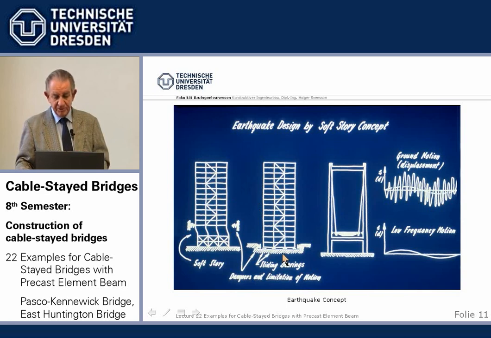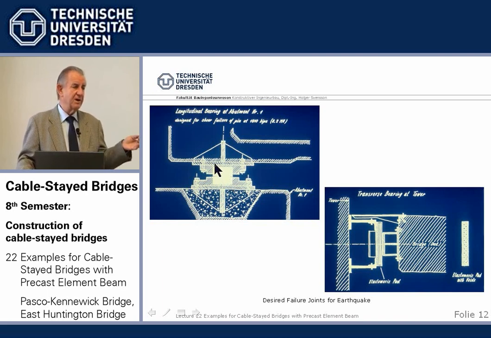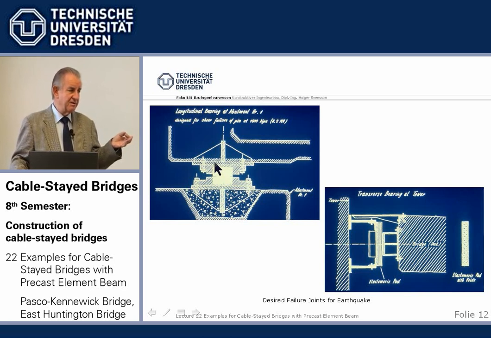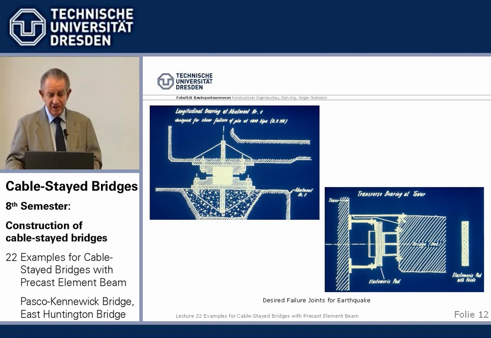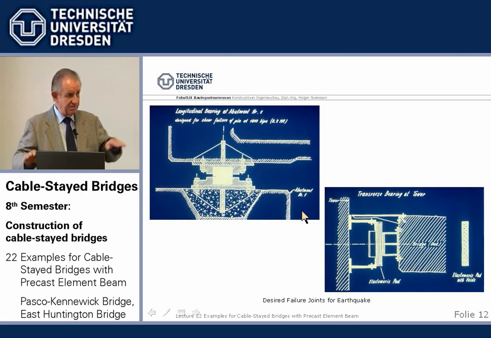Or you can put a building on rollers or bearings, which gives a low eigenfrequency. And we chose the way that we install what we call desired failure joints, Sollbruchstellen. At the fixed point, we had a dowel which had a saw cut partly through, and for the design earthquake that would shear away.